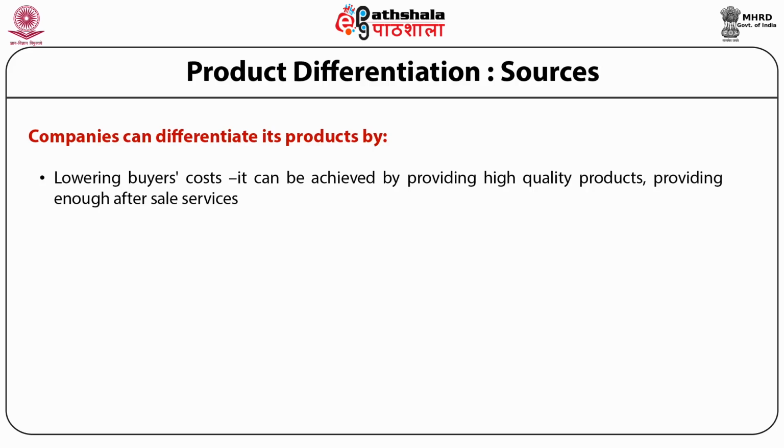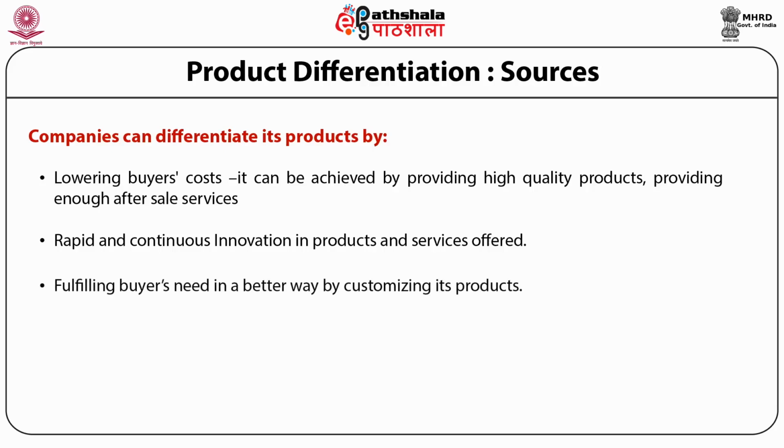Companies can also differentiate their products by rapid and continuous innovations in products and services offered. It could also be done by fulfilling buyers' needs in a better way by customizing the products.